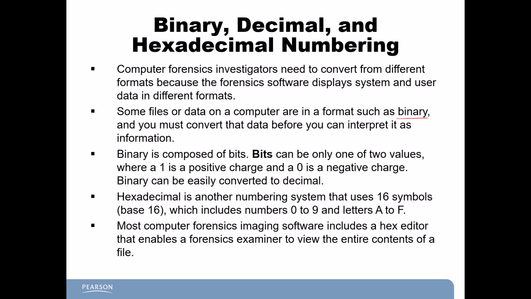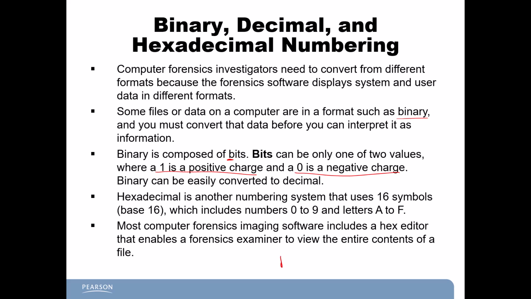Binary is composed of bits with a little b. Bits can only have two values, 0 or 1. 1 is a positive charge, 0 is a negative charge. And we can take these binary bits and we can convert them to a different numbering system like decimal or hexadecimal.